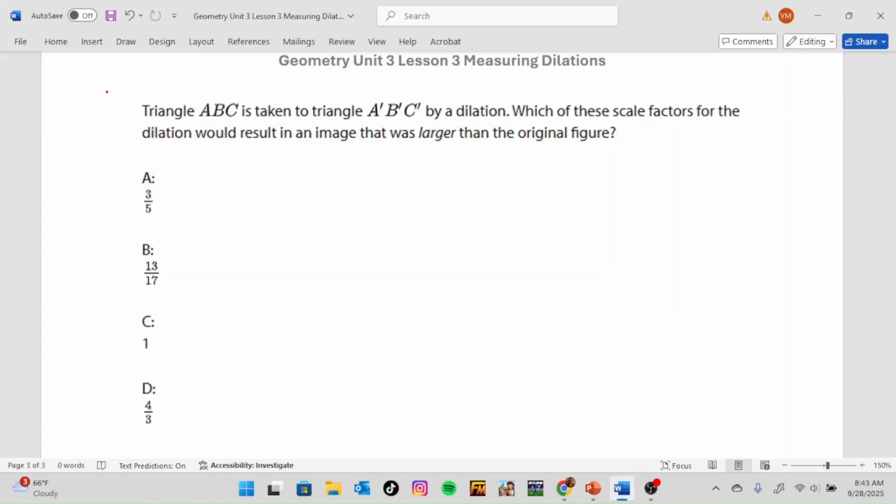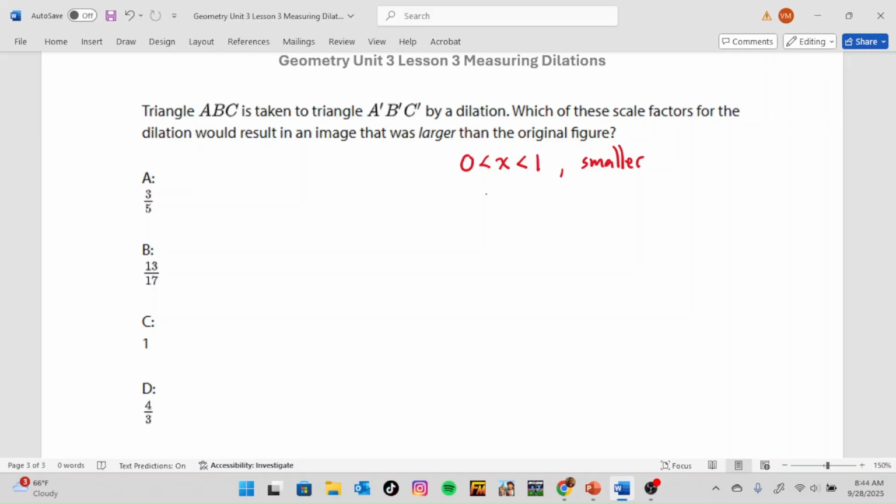In order to solve this problem, I need you to think back to Algebra 1. We said if we had a number that was larger than 0 but smaller than 1, then it would get smaller, because when we multiply by a fraction smaller than 1, we get a smaller answer.